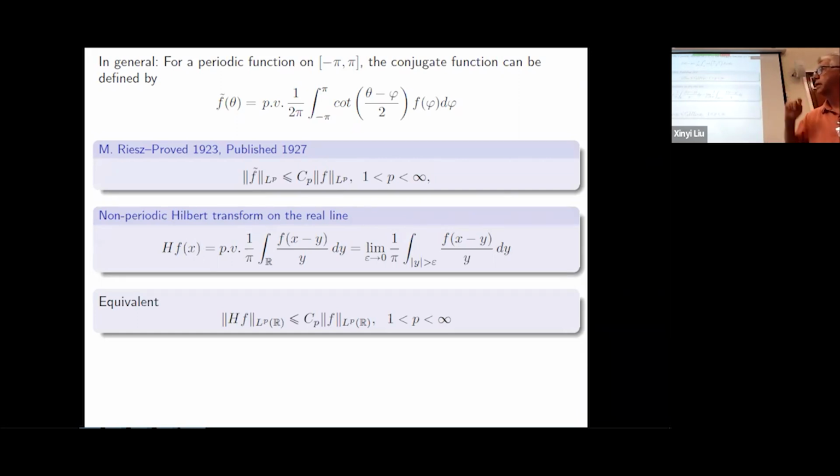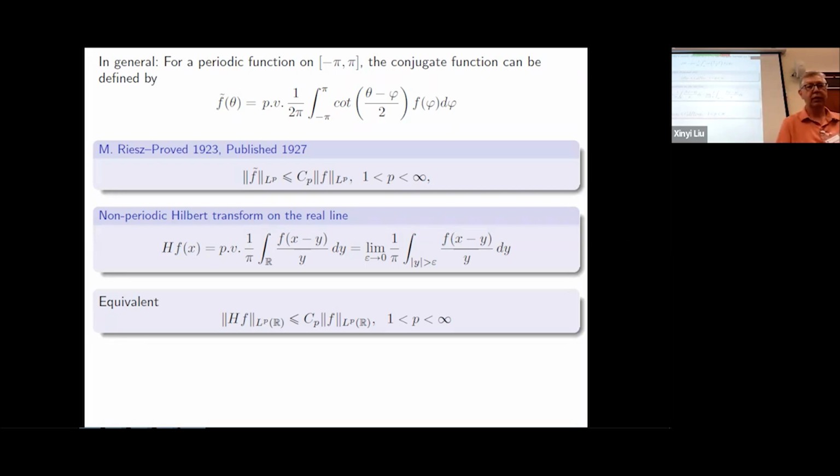He proved the inequality. The non-periodic case also follows from the periodic case by a certain conformal mapping. Of course, this is equivalent to proving that the Hilbert transform, the conjugate function, is bounded in L^p. This is called the Hilbert transform in the continuous case. Before 1900, it was called the conjugate function.